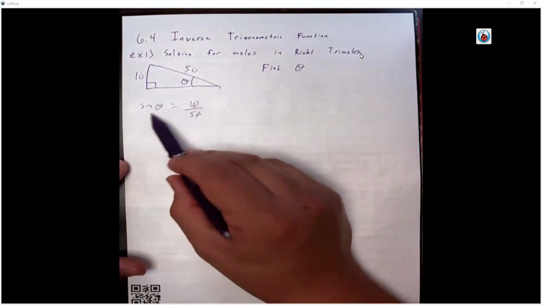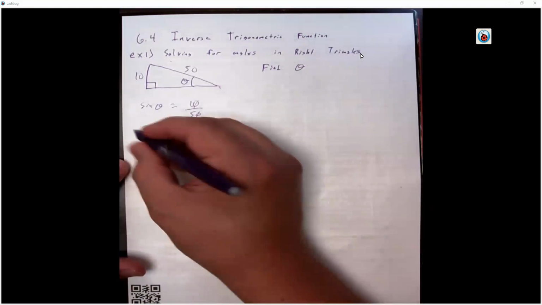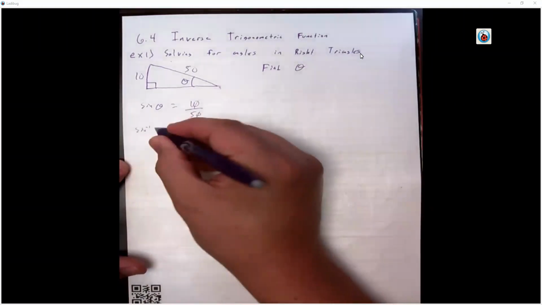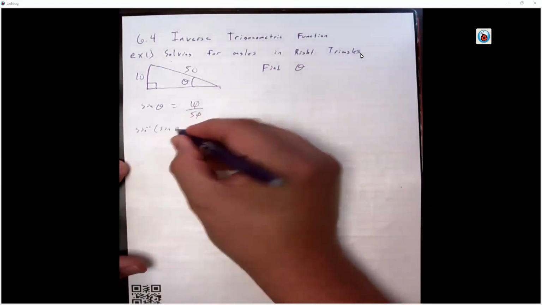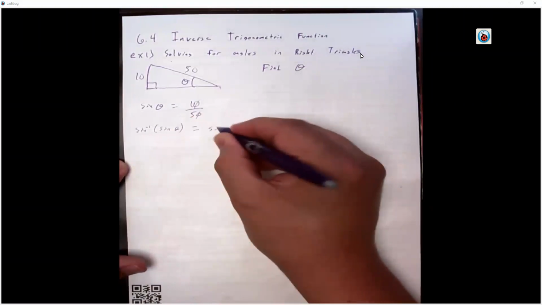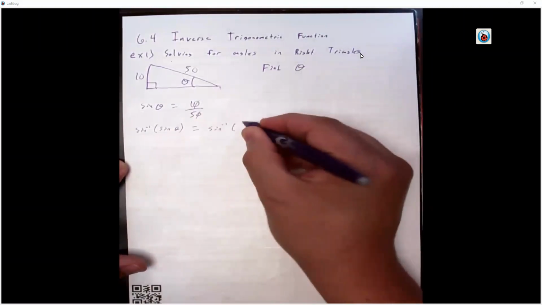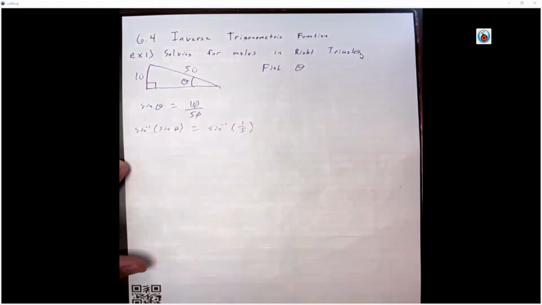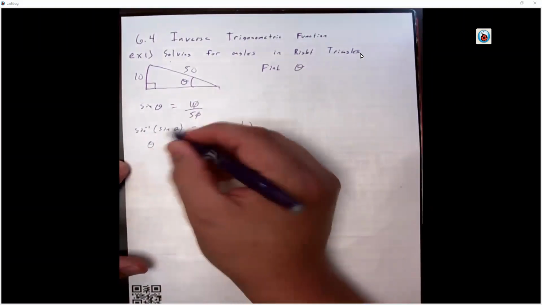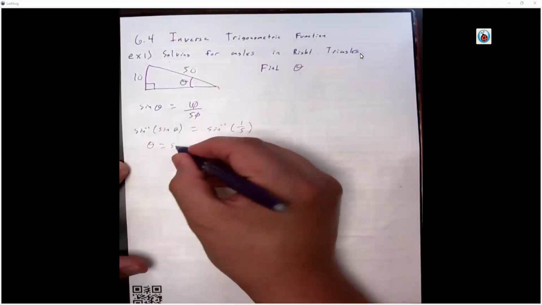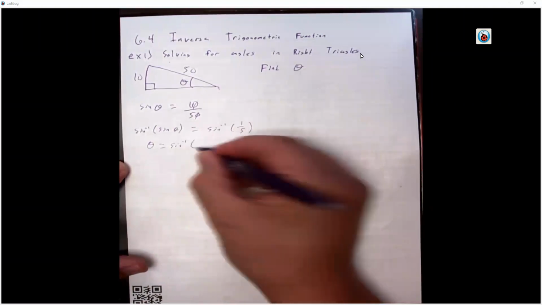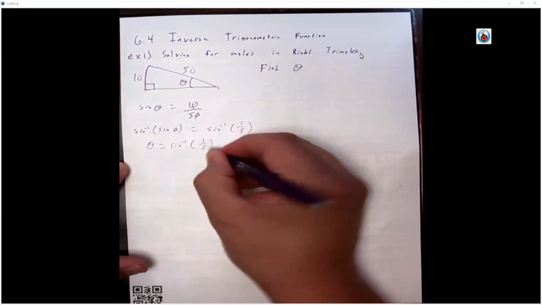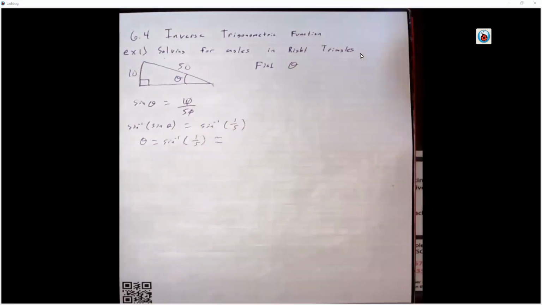Now, do sine inverse of both sides, to cancel the sine. So now I get theta, these cancel, equal to sine inverse of 1/5. Now I'm going to stick to degrees just so it's a little easier, not because I like it.